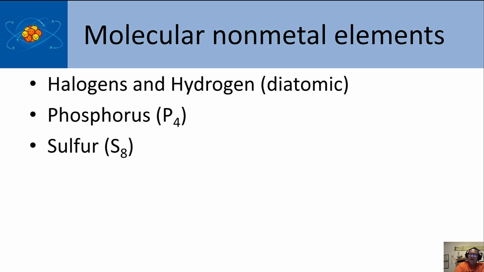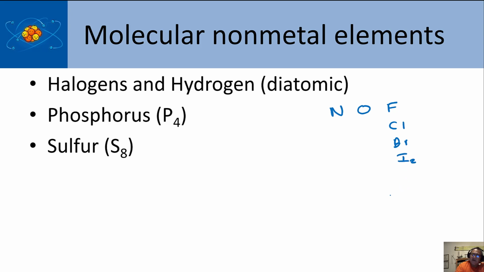Of the nonmetals, there are some that are molecular, and I mentioned this in the last lecture, the chapter 1 lecture actually. There are a lot of diatomics. Okay, so all the halogens are diatomic. Hydrogen is diatomic. And if you look at it on the periodic table, the other ones that are diatomic are nitrogen, oxygen, fluorine, chlorine, bromine, and iodine.